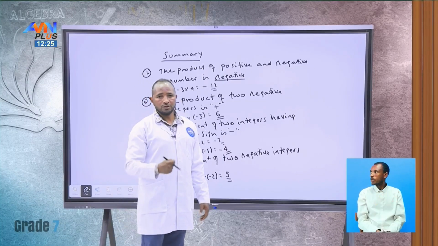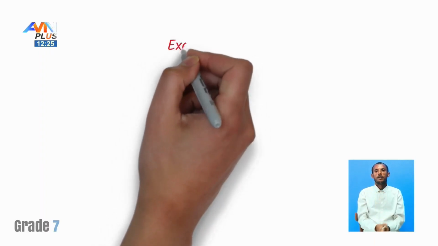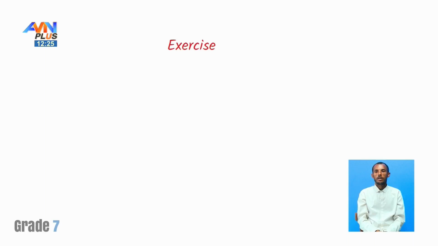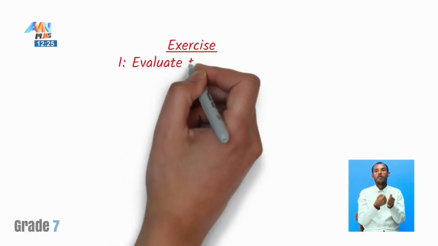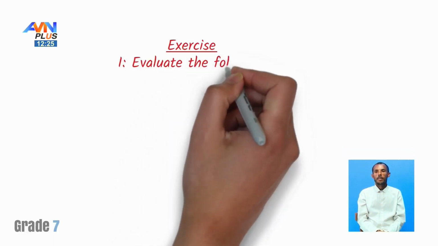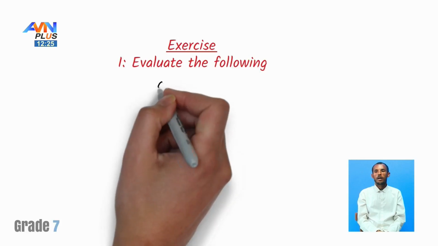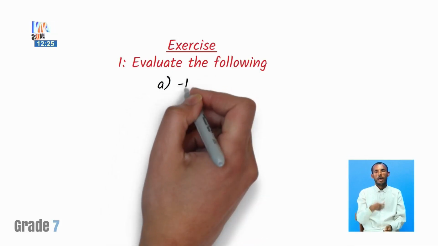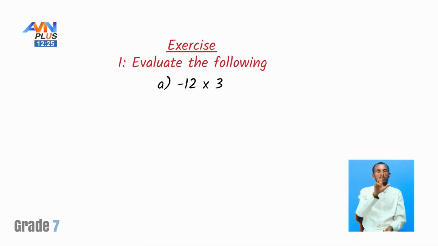So I'll give you questions. Exercise 1. Evaluate the following. A, negative 12 times 3.